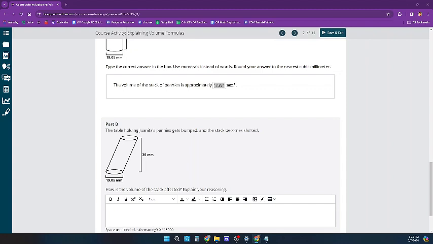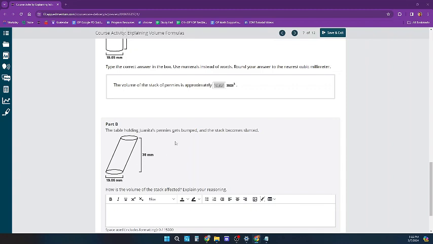Well, it's not. The volume of the stack is not affected because the space that the pennies take up hasn't changed. Nothing has made the pennies grow or shrink, or you didn't take away a penny or add a penny. So the space that the stack takes up is the same. It just looks different. It's just slanted now.